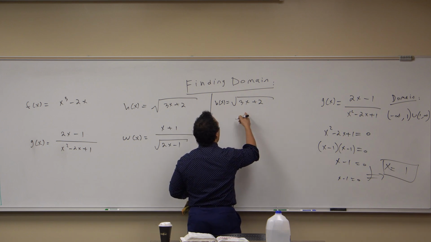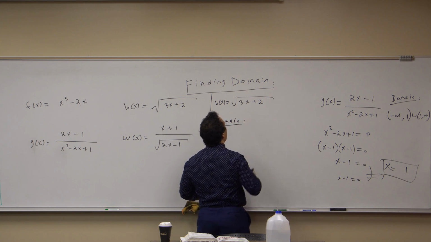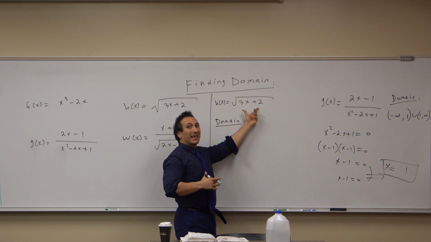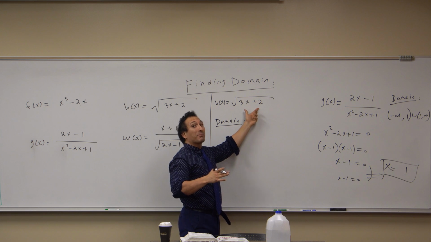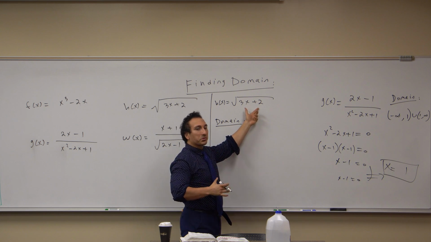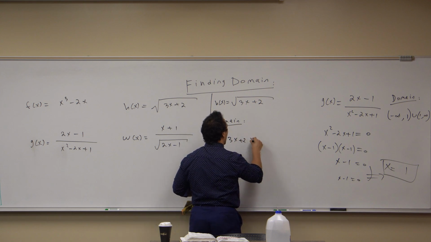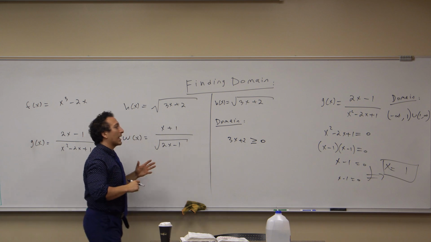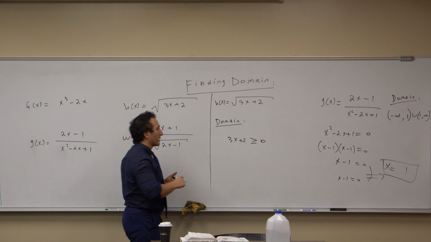Now, the way to find the domain is to say that what's on the inside of the radical can't go below 0, because then it becomes negative, but it can equal 0 because the square root of 0 is still 0. That's not complex. So we set up the inequality that 3x plus 2 is greater than or equal to 0, and find which values of x adhere to this constraint.